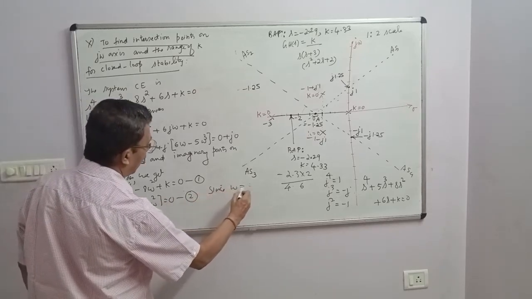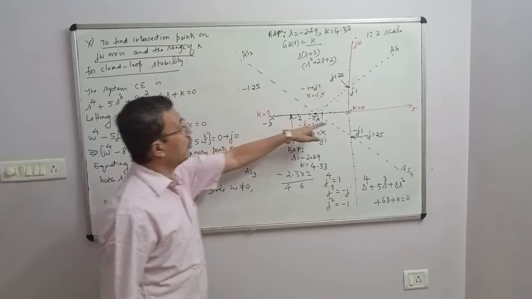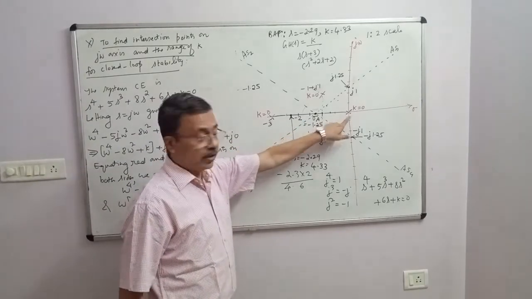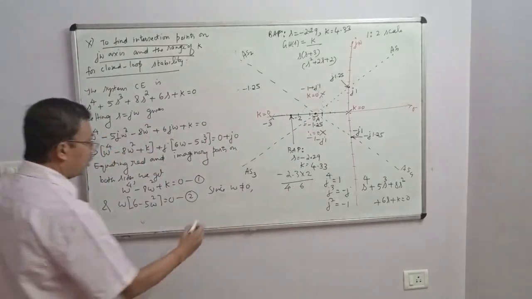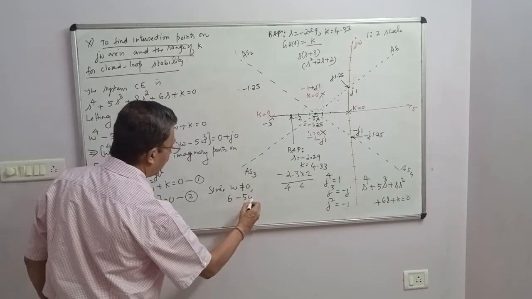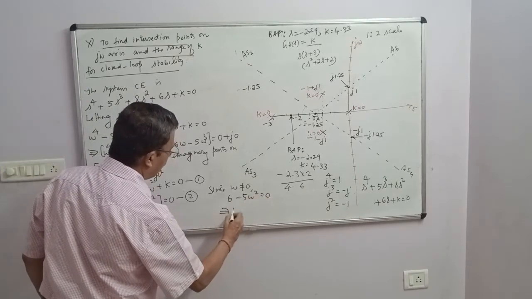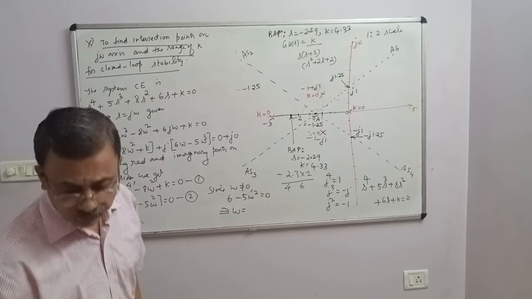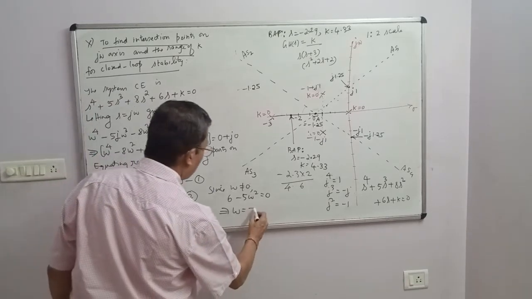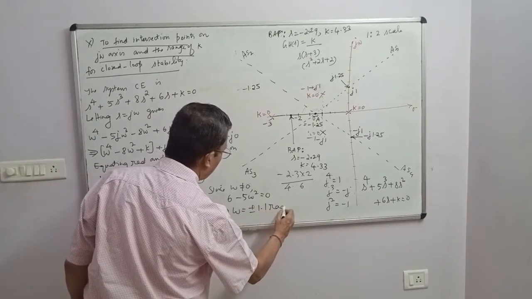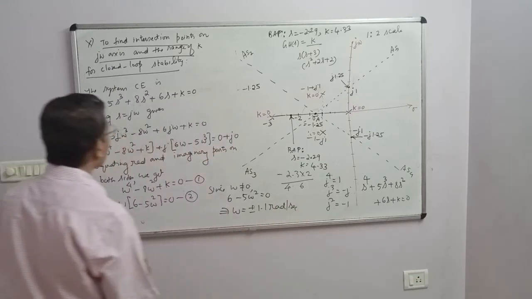Since omega cannot be 0 other than at the origin, 6 minus 5 omega square equal to 0. This gives omega equal to plus minus 1.1 radians per second.